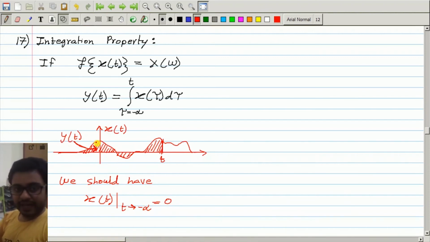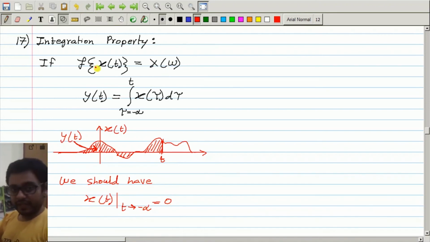It is better that the signal x dies down to 0 when time approaches minus infinity, because otherwise when you integrate the area starting from minus infinity, you will get an unbounded, undefined value. So for this integration to be properly defined, we should better have the value of x at minus infinity equal to 0.